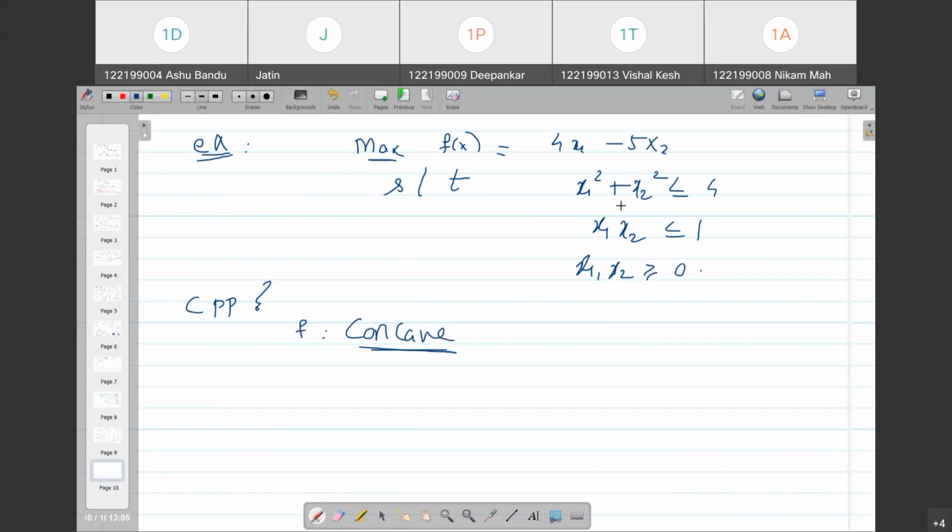What about G? Let's take G2 directly. It is x1 x2 minus 1. Can anyone tell me what is the gradient of G2? What is the first row and what is the second row?